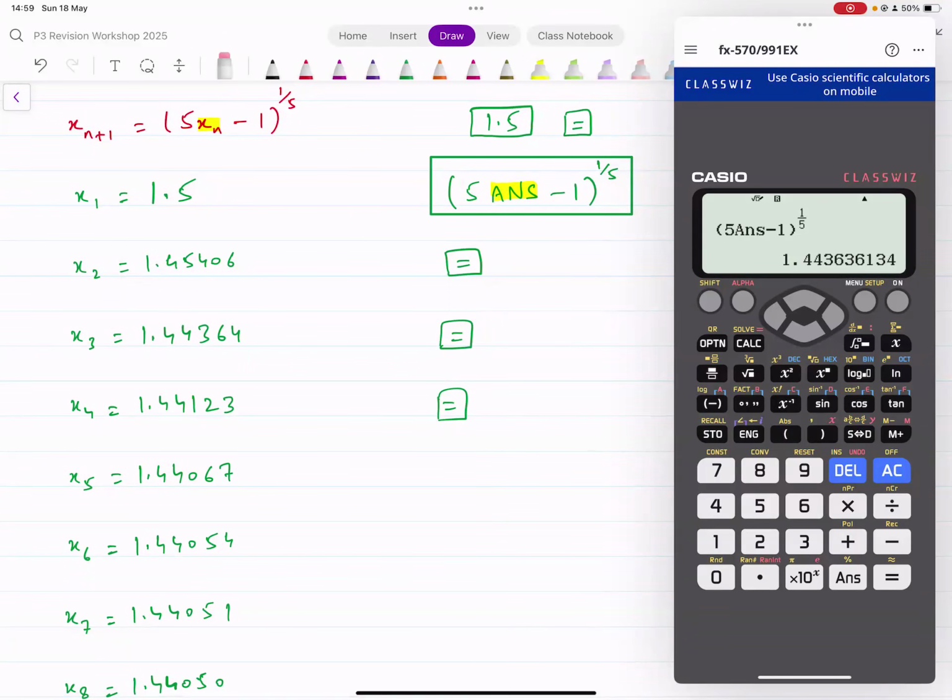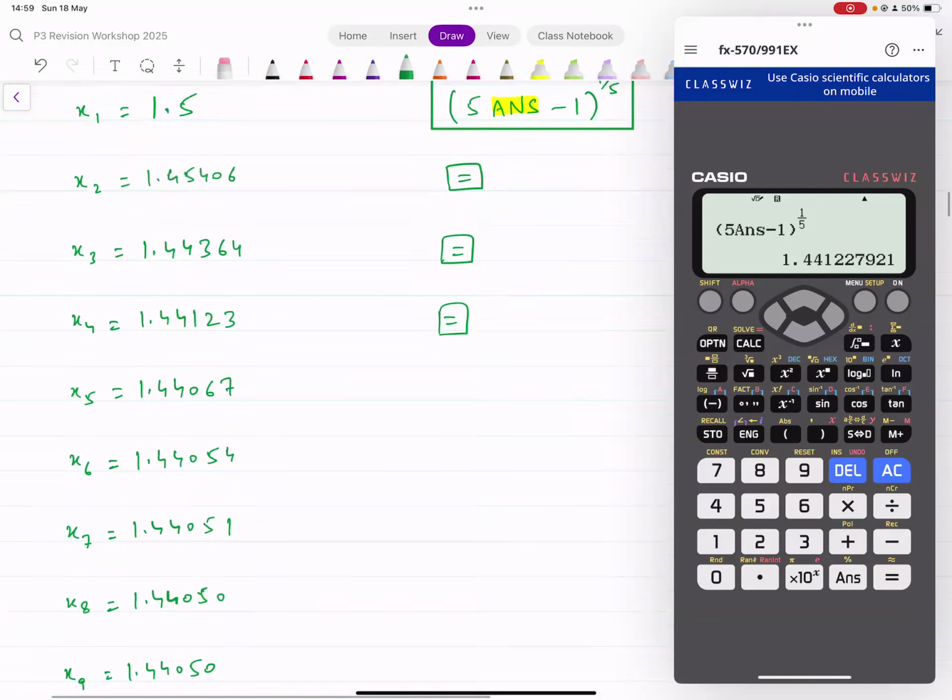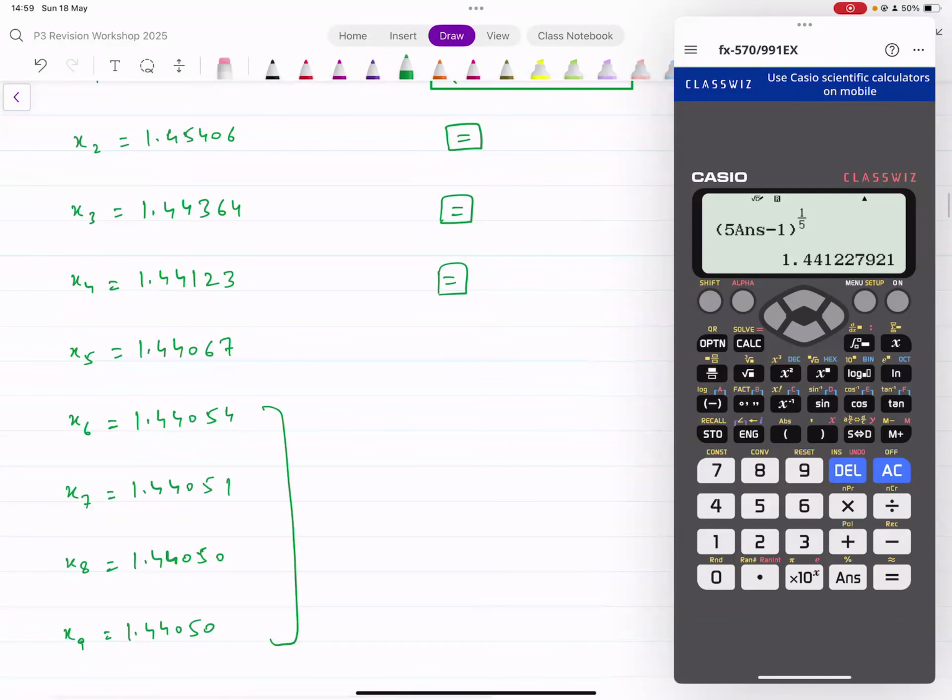So you keep going on, keep writing down these values like this, until the number becomes stable and does not change anymore. You have to write down each iteration. You cannot just do it on your calculator and write down the final answer only. No, you have to write down each iteration. So you keep going on, writing down every single iteration, and eventually it becomes stable and does not change anymore.